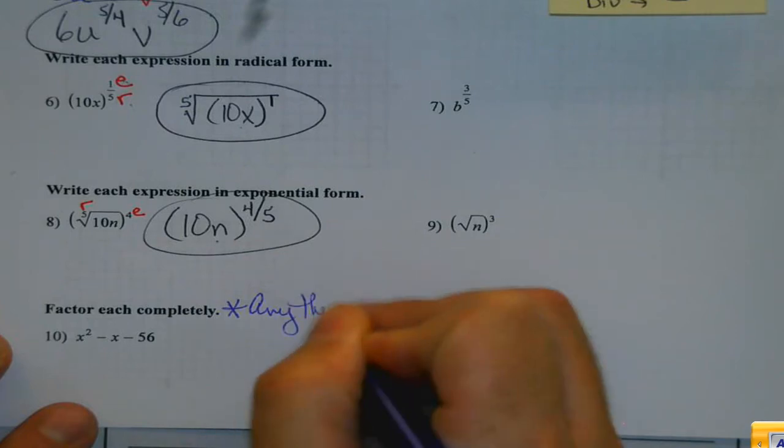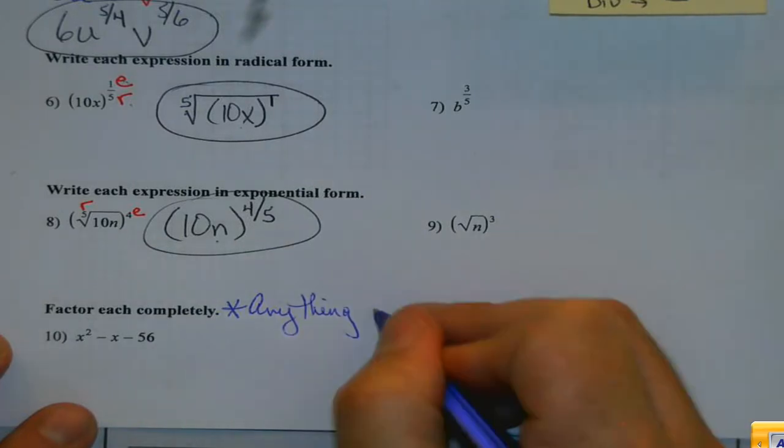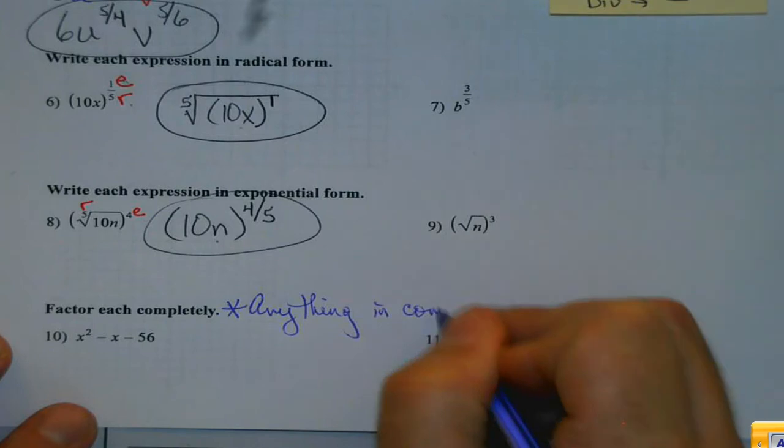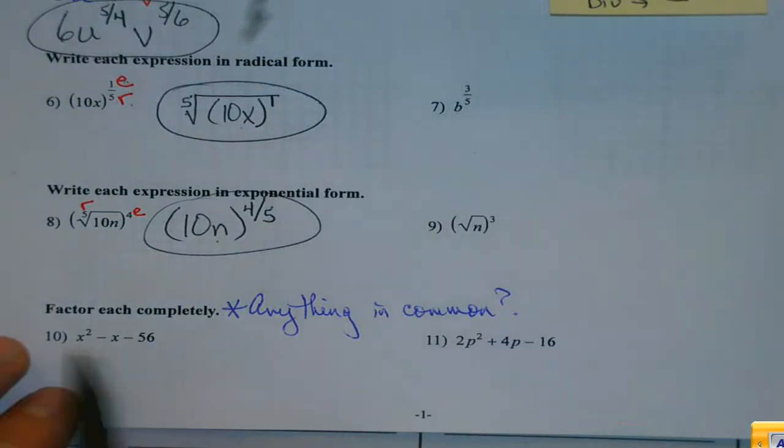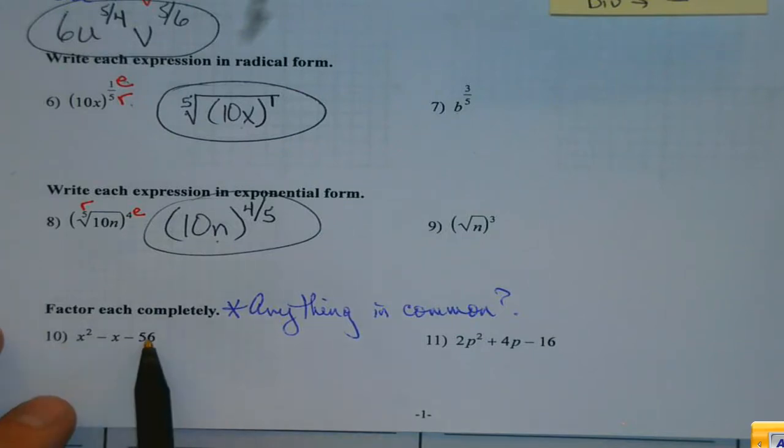I'm going to do my golden rule, which again is there anything in common? It can be a number that divides into all three. It can be a variable that they all have in common, but sometimes there may not be anything. But you do need to check. So here I'm like, well, these both have x. No, that doesn't. No number. No, I can't do anything.